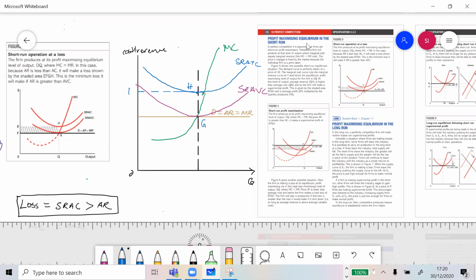And this, I'm going to mark it as point E and this area as F. Now let's figure out the area where the firm is making a loss.